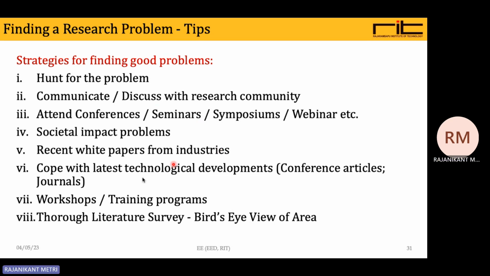Now the next strategy to find out the problem is to cope with latest technological developments, and this can be done through conference articles, journals, and some of the fields in electrical or computer engineering programming are very fast because a lot of technological advancements are being carried out, and it is so fast.